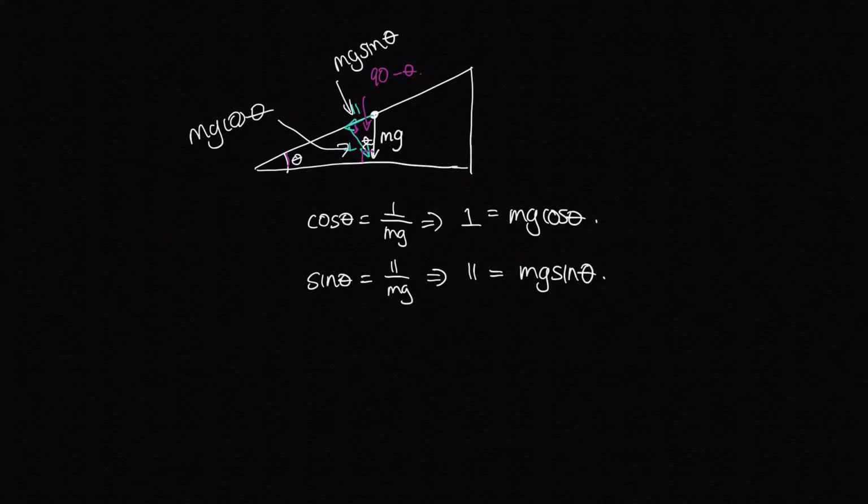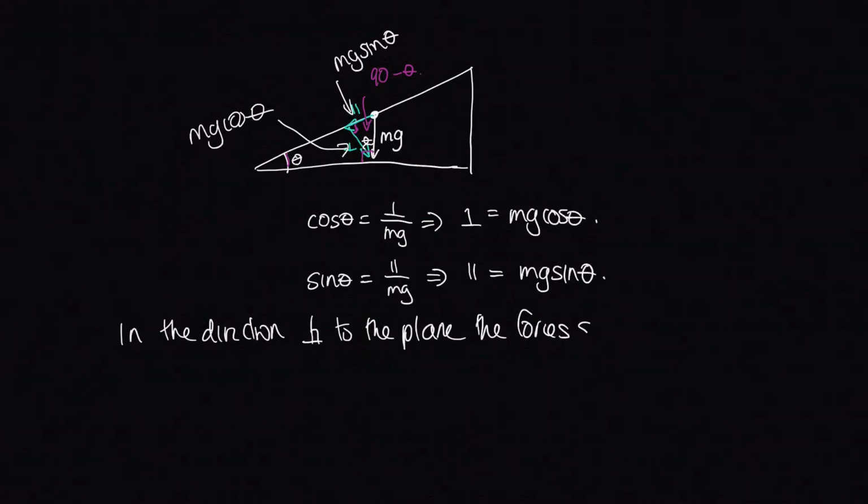Now, what we can do with this perpendicular component is we know that in the direction perpendicular to the plane, the forces sum to 0. How do we know that? We know that because it's not accelerating up off the plane or down into the plane, because we could see it was traveling straight down the plane.